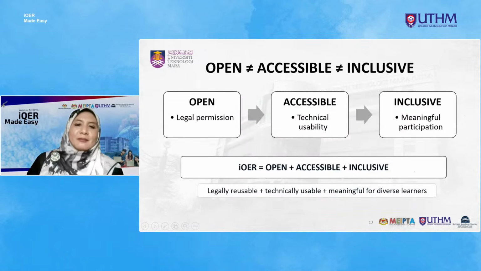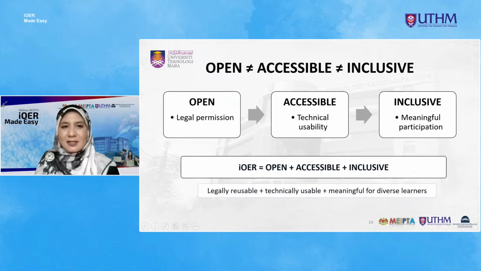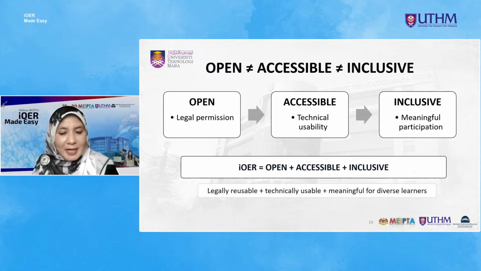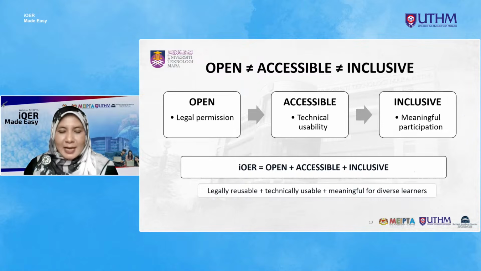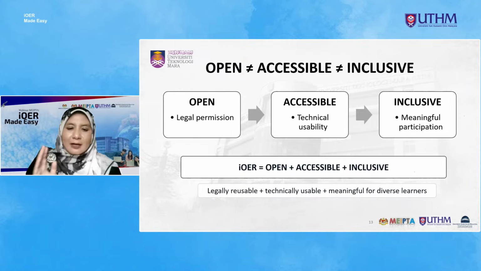So this is the maths. Open does not mean accessible, and accessible is not equivalent to inclusive. So what does it mean to be open? We need to make sure that it is free to access and also legal to use. You got the legal permission. Done, that one is OER.